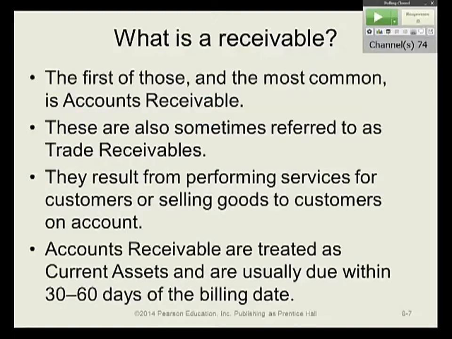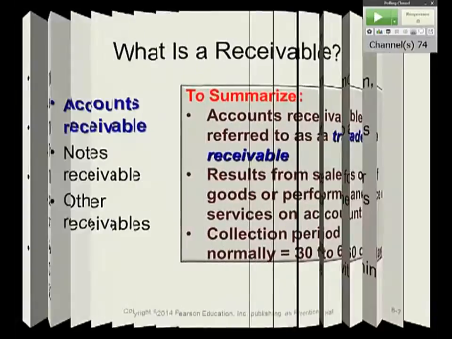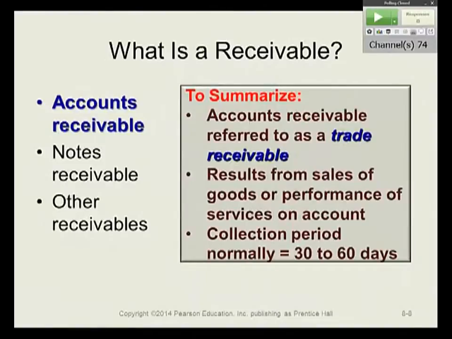Okay, now as we said, accounts receivable are typically your trade receivables, normally 30 days in duration, and they're recorded as part of the normal course of business. So to summarize, when we look at accounts receivable, these are the three things you should know.